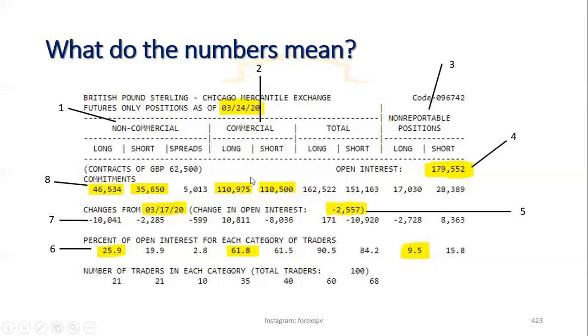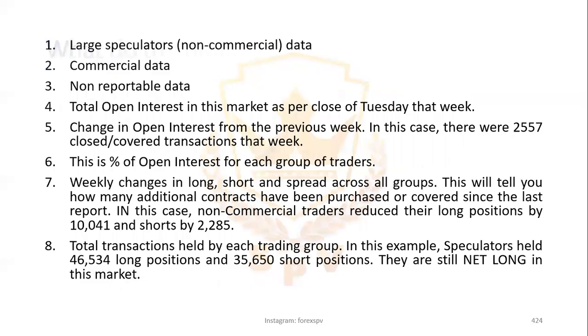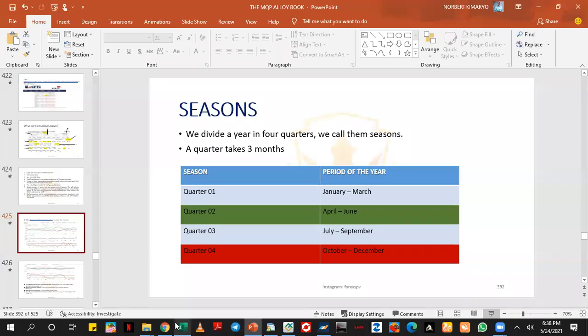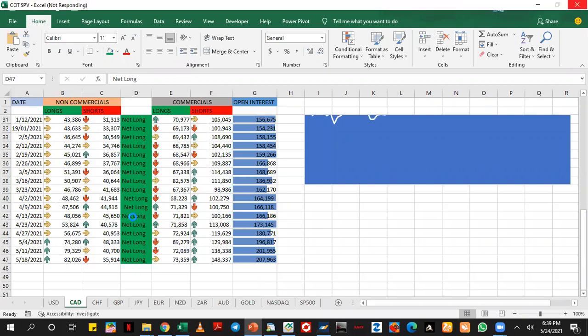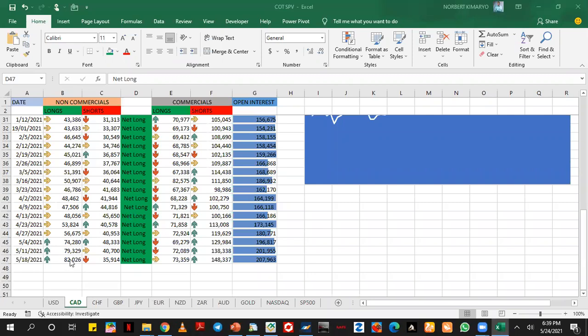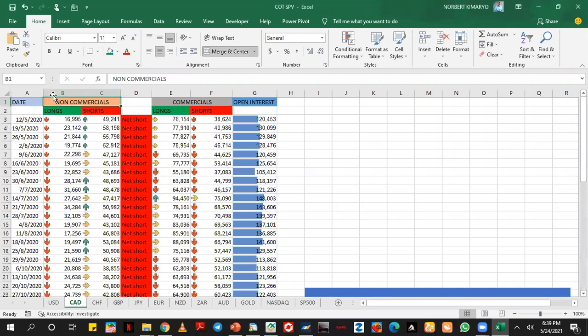So we have this. This is the CFTC COT data. So I've made this Excel. So every week I usually feed in data from the website. So it was from May last year.